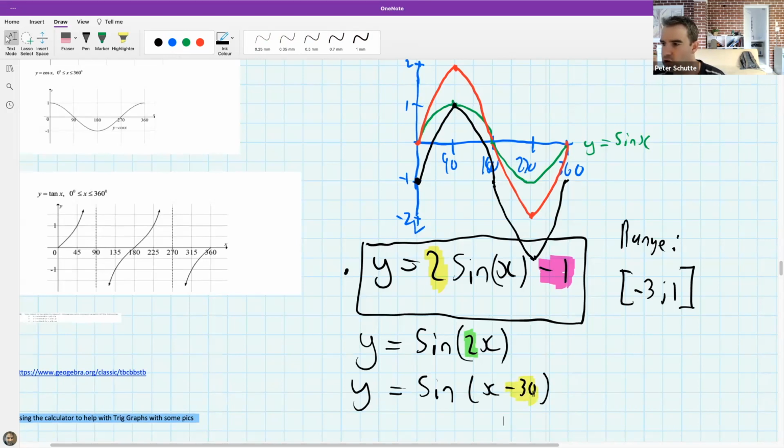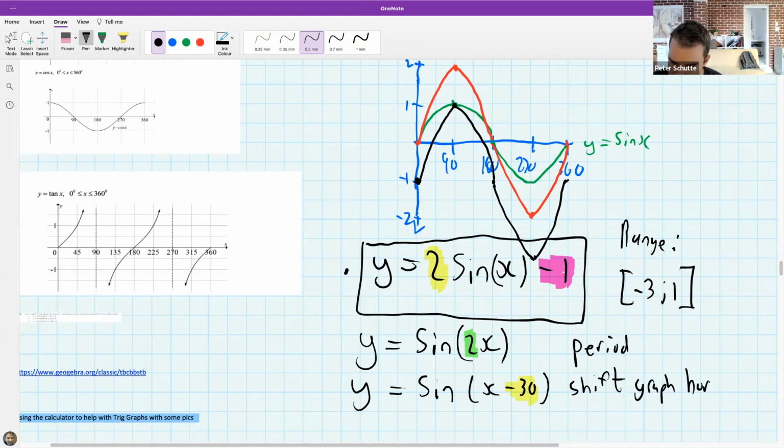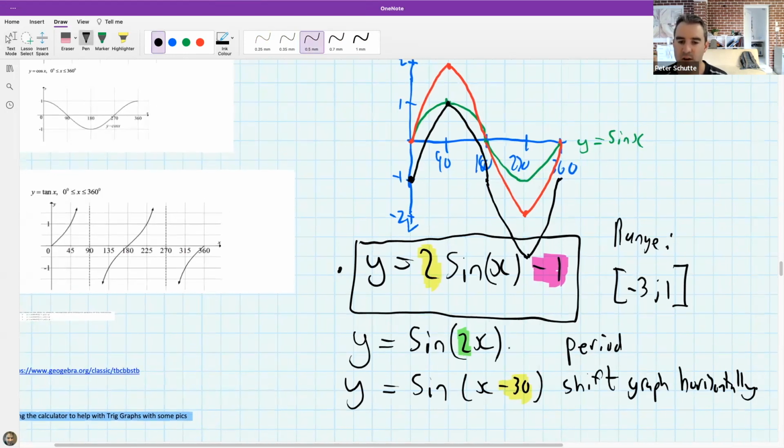And so those are two situations we need to think about in the next lesson. And what will happen, just to preview it, is this changes the period of the graph, and this will shift the graph horizontally. And so we need to learn how to draw graphs taking into account these shifting parameters.